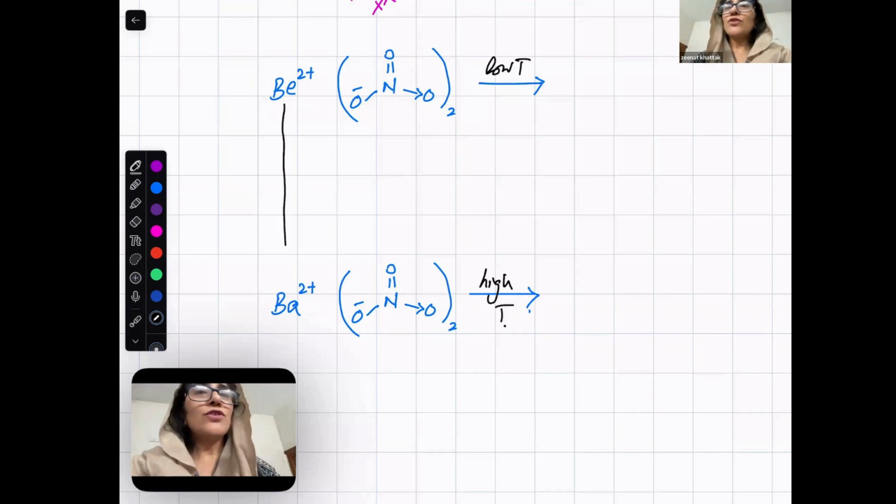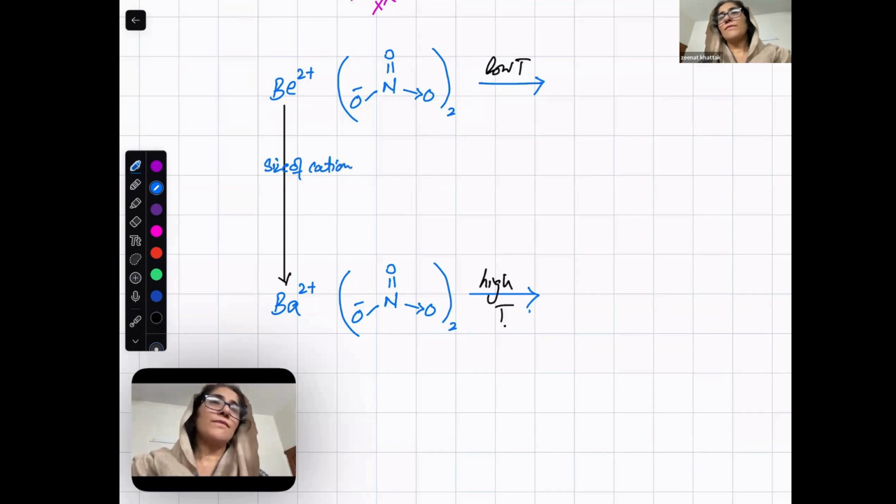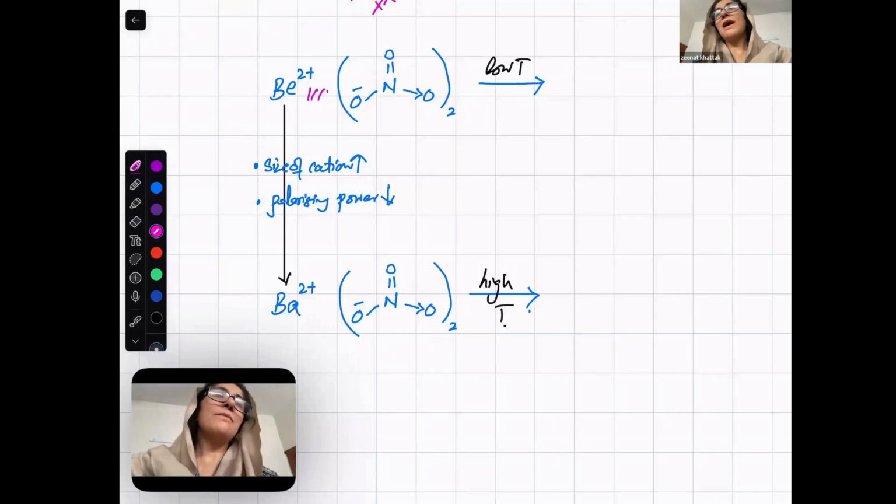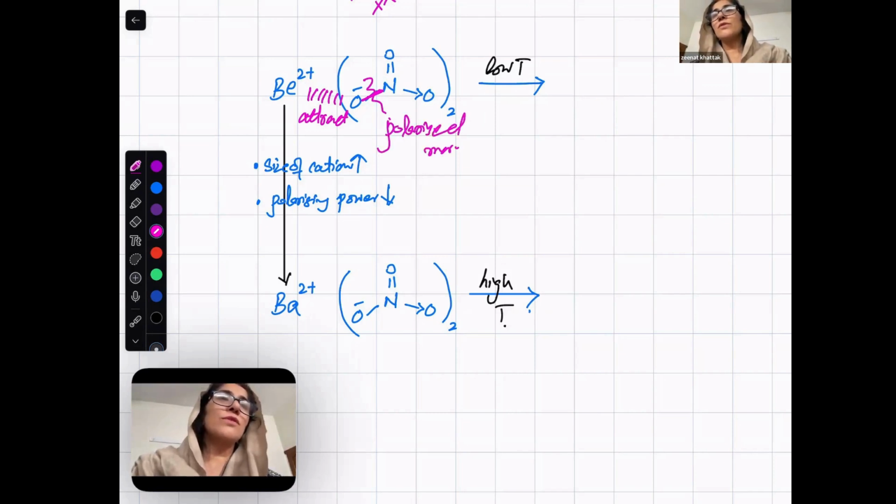Because down the group there is no change in the nitrate, but the size of the cation increases, polarizing power decreases. Now, beryllium attracts the electron of the oxygen more, polarizes the N-O bond, polarizes the nitrate more. So it needs less temperature to break.